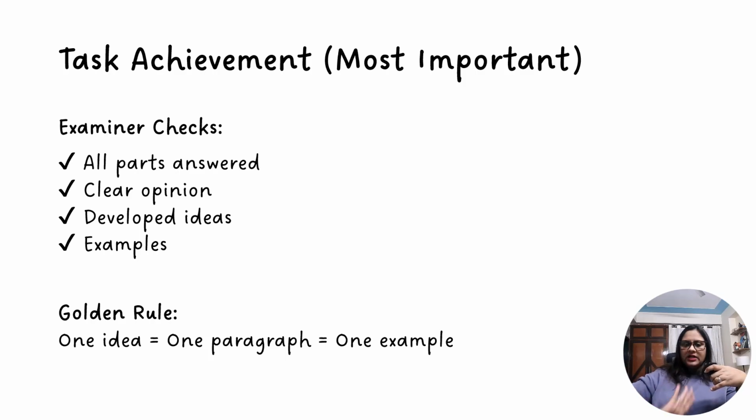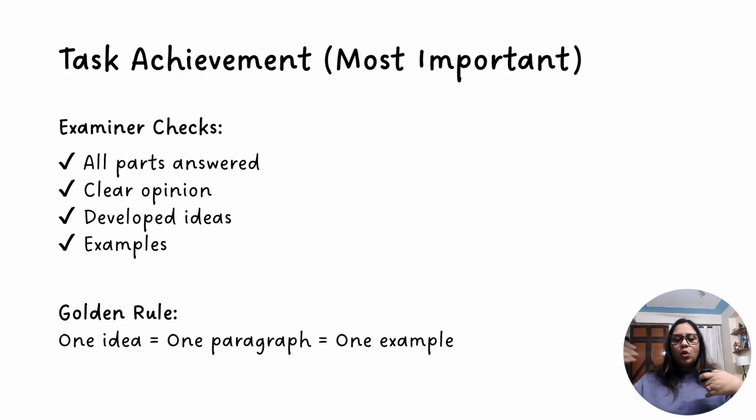No, you stick to your opinion, talk about it, develop your ideas around it, give examples related to your opinion. Why do you think that this is important, and why do you think that this is happening? You can give relevant examples so that it is easier for the examiner to understand what you're writing and what your opinion behind it is.